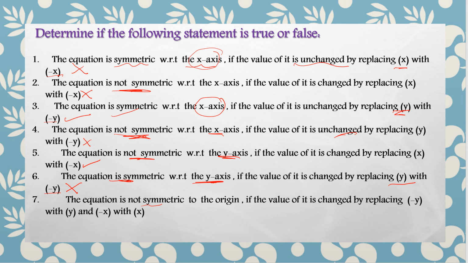Here he's asking about the symmetry with respect to the origin, and in testing this, we replace x with negative x and y with negative y, and if the value changes, it's not symmetric, and in this case this statement is true.